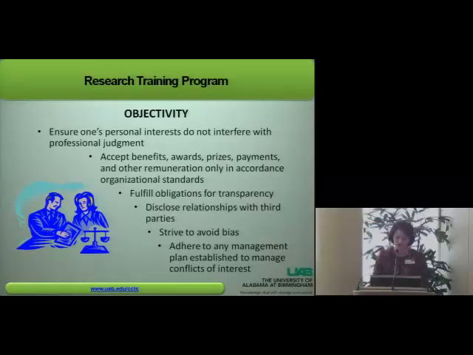This also means fulfilling obligations for transparency and disclosing relationships with third parties, and we'll talk a little bit more about that. Striving to avoid bias, and ultimately, after an independent body has had an opportunity to review relationships and make recommendations for actions to prevent conflicts of interest, adhering to any management plan established to manage conflicts of interest.